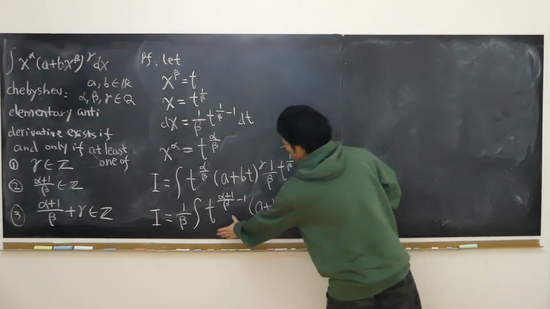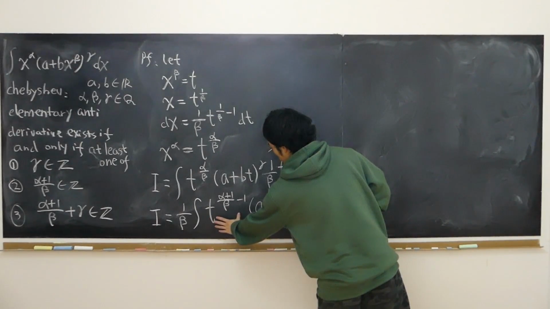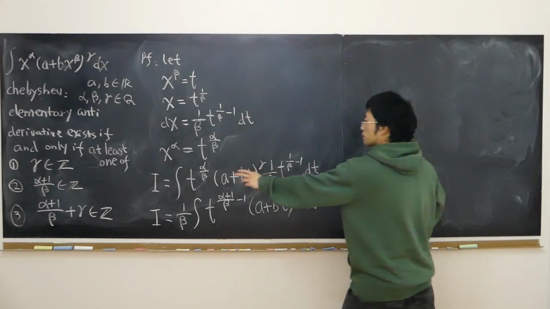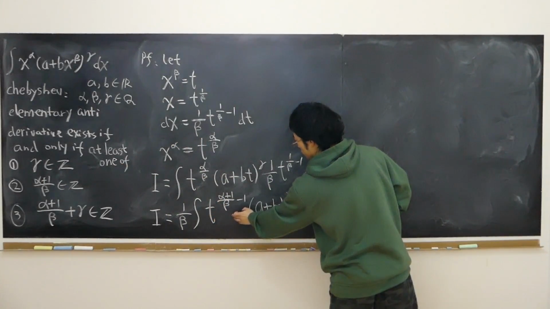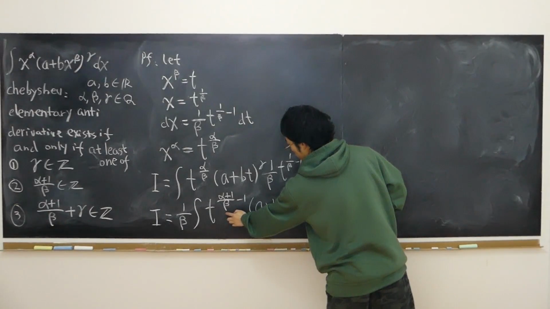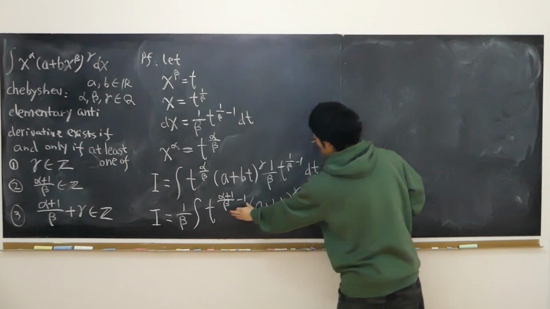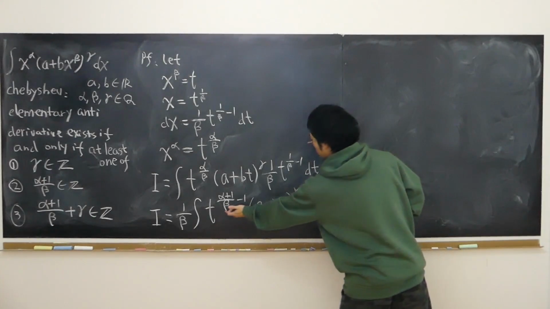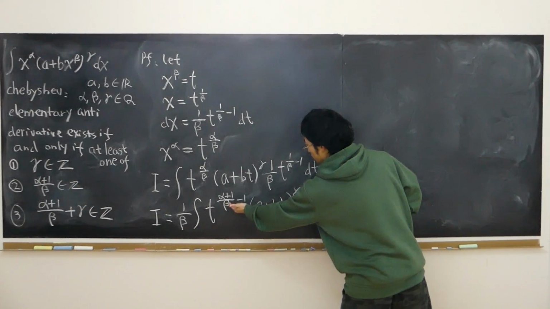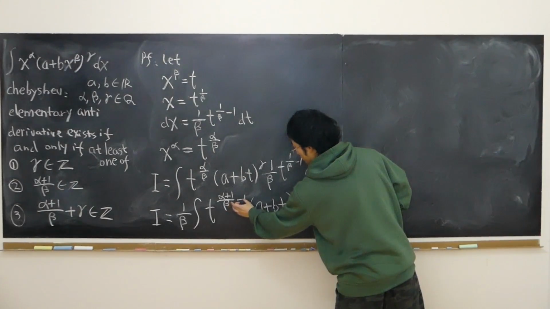And now let's discuss this term. Since we assumed the first case scenario, gamma is an integer, and we haven't assumed any condition on this term, this term could or could not be an integer. In the worst case scenario, it could be a rational. If alpha plus 1 over beta is irrational, then subtract 1 from it, it's still irrational.